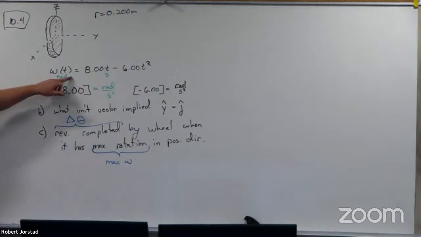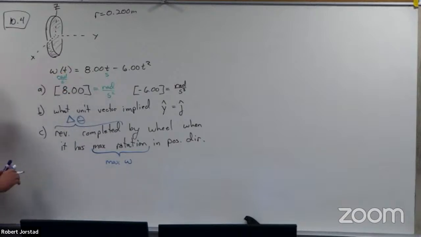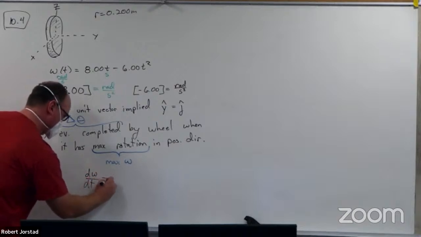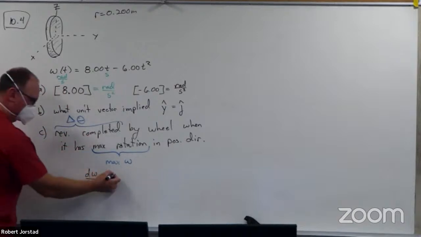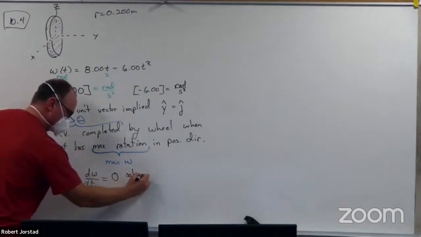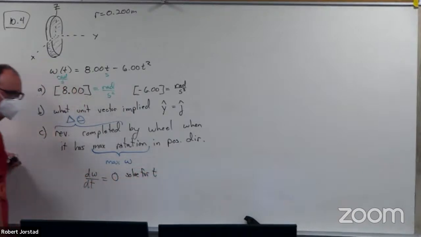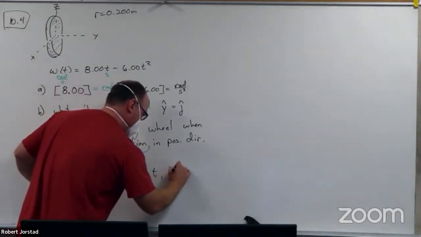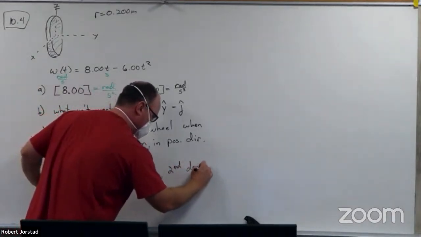How do I get the maximum omega? Calc class. Excellent. You guys are tired. d omega dt. Set it equal to 0. Solve for t. Then we could take that time and we should probably do a second derivative test. Do you remember that? To make sure it's a max.